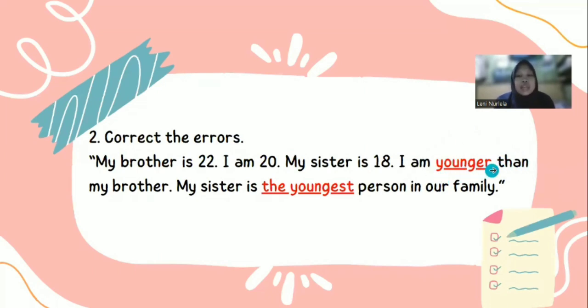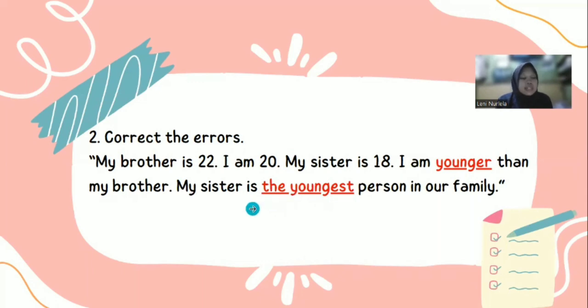Why do I use "younger"? Because it is the comparative, which compares. What is comparative? Comparative compares one thing with another thing: I am and my brother. And why do I use "the youngest" in this sentence?